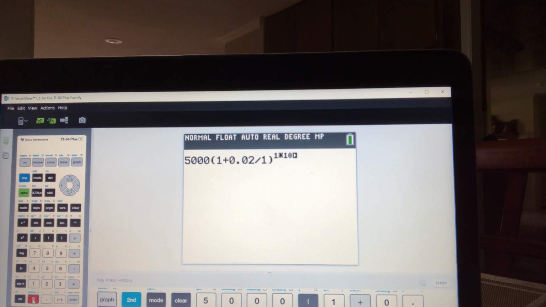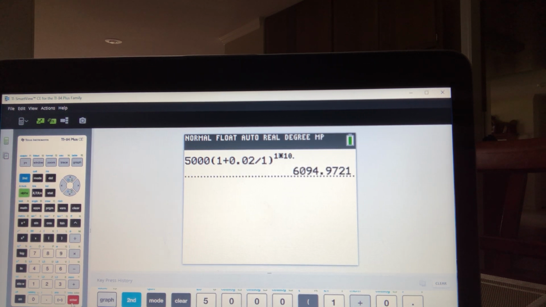Now some of you might need to be putting this exponent in parentheses if you had to earlier. So here should be the value that you get. Now this is money, so we want dollars and cents. So I'm going to say $6,094.97 for that one, round it to 97.